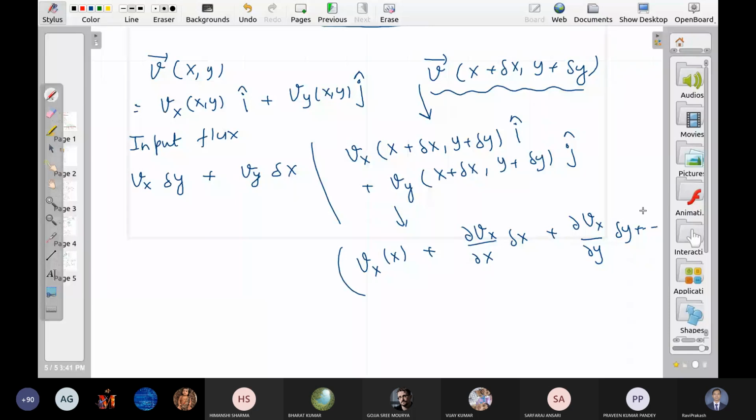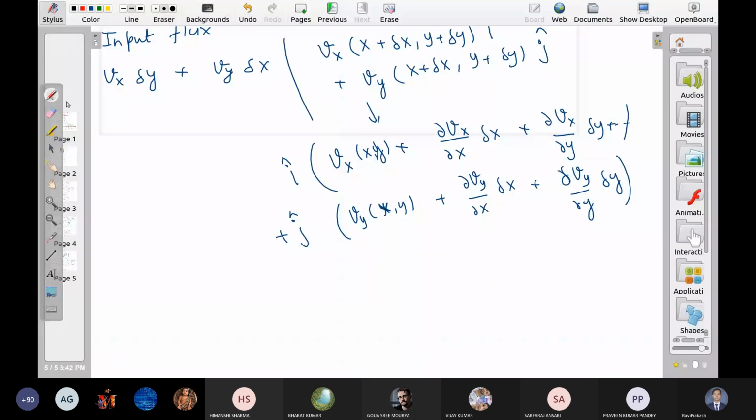Similarly for j cap, Vy at the point xy plus del Vy over del x delta x plus del Vy over del y delta y. Okay. What is the outgoing flux?